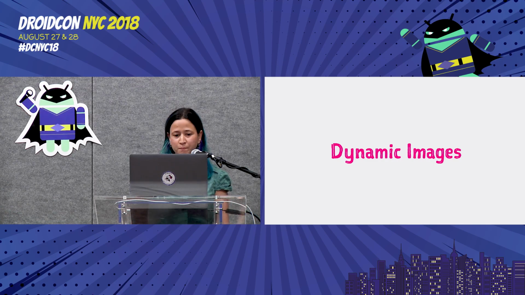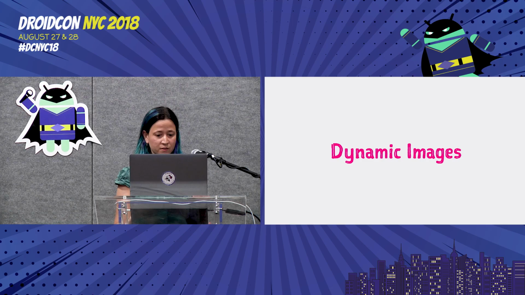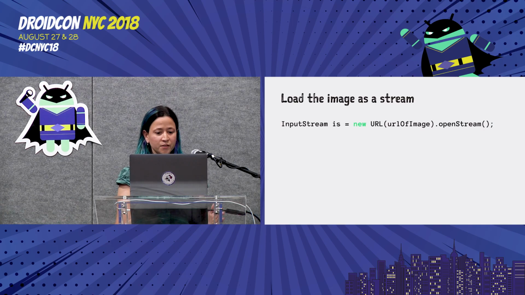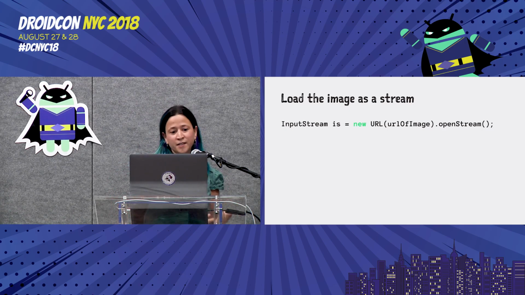So the second part that I wanted to mention was dynamic images. So this means, again, bringing an image from the web and displaying it on your device. The very super basic way to do it, and you don't need to remember that at all, it's just to show you the basic concept behind loading an image, is that if we get it from a URL, we basically get it as a stream.